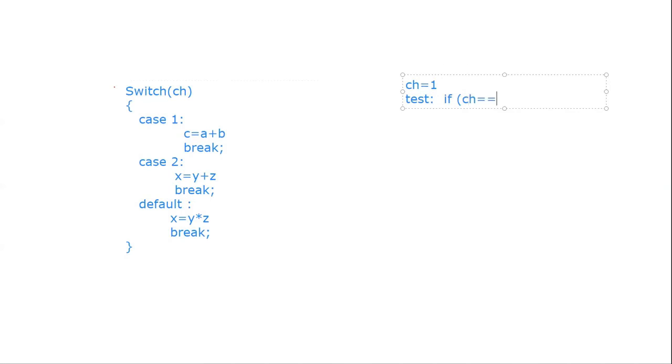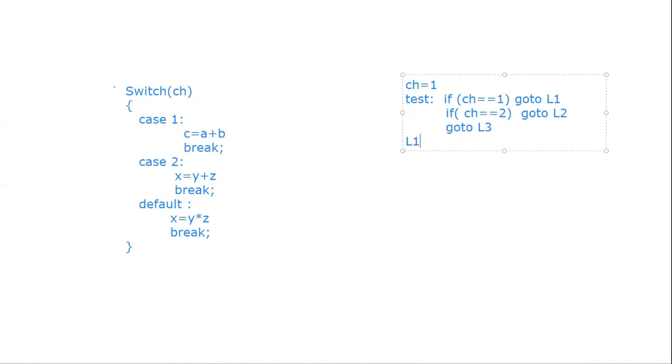So the first condition is if the value of CH is equal to 1, then we'll perform the statements written at the label L1. Now the second condition we have written: if the value of CH is equal to 2, then we'll perform the statements written at the label L2. Otherwise, we'll go to L3, which will behave as the default case.